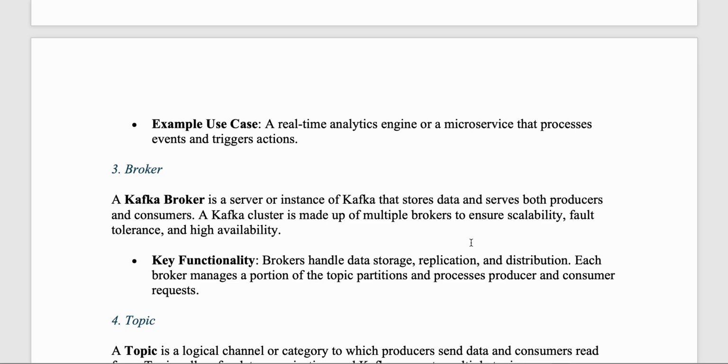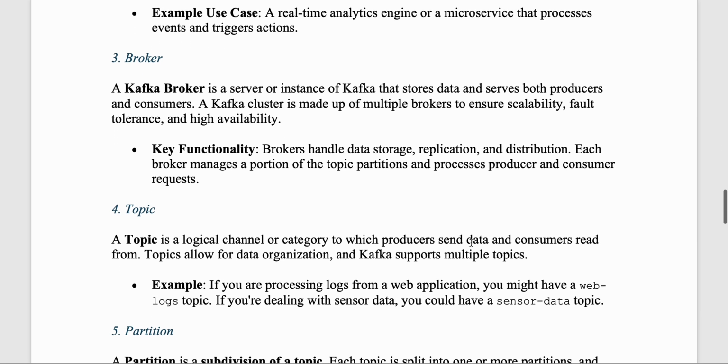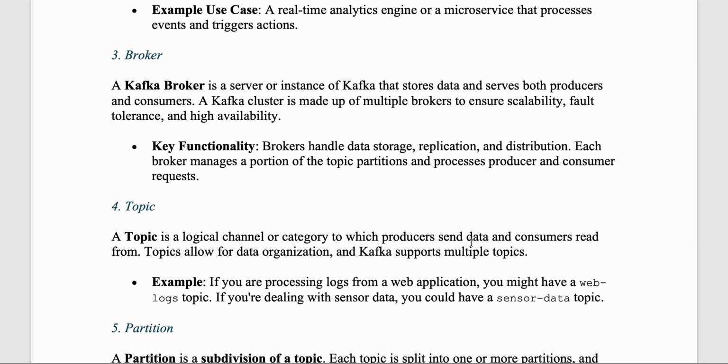Now coming to the topic. A topic is a logical channel or category to which the producer sends the data. Consider it a logical channel. There is a topic where the producer sends data and the consumer reads data from that particular topic.